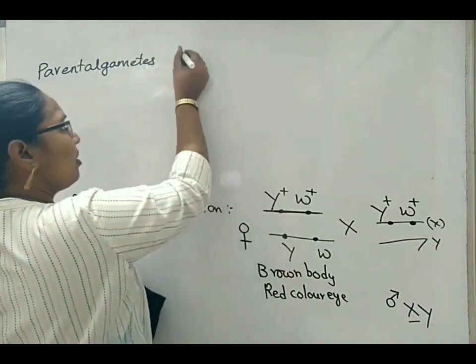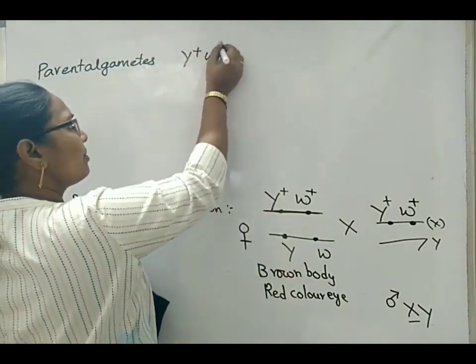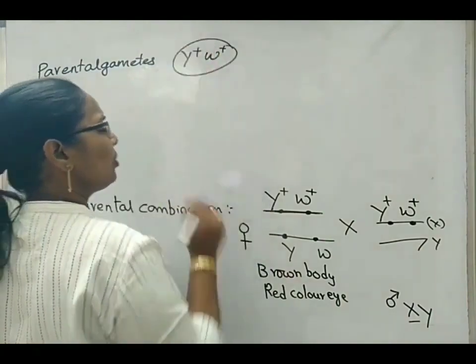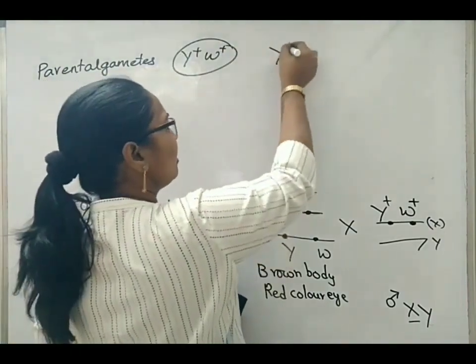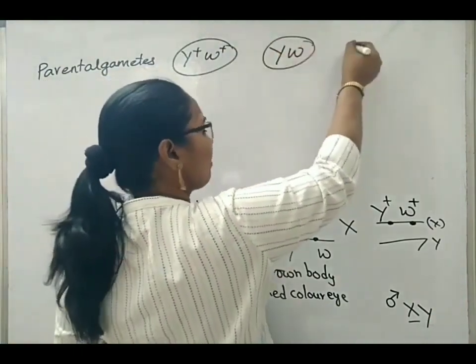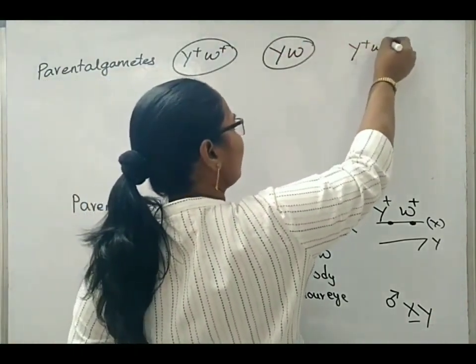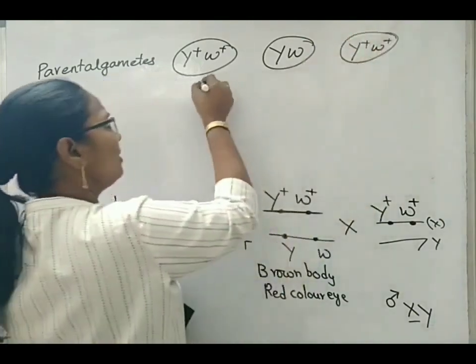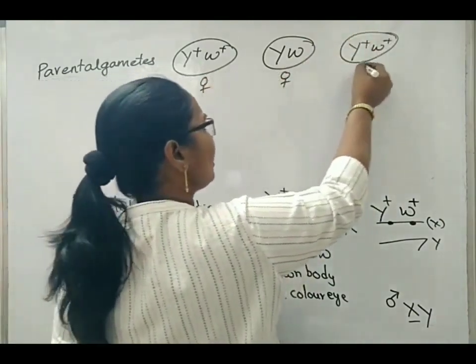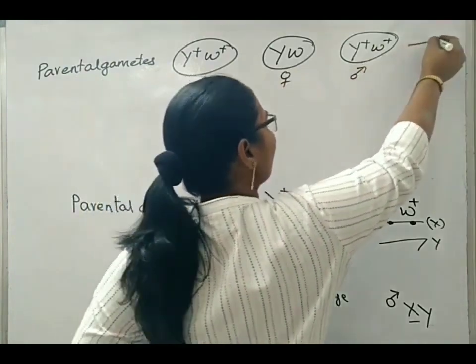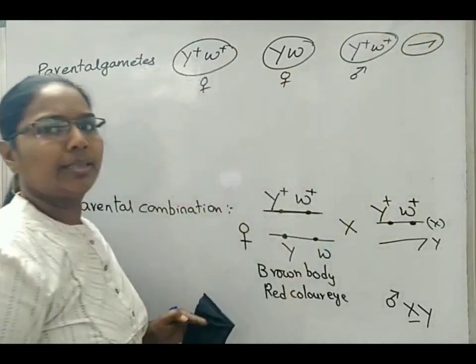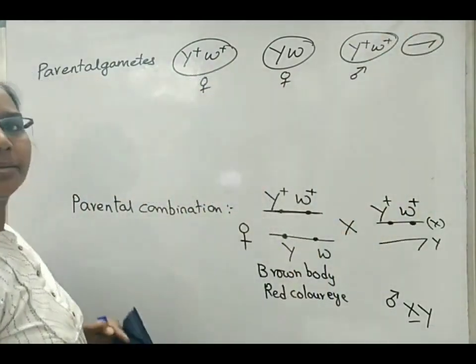We will get the combinations as: this is one gamete with two different characters, another gamete of male, this is of female, this is of female X, this is of male X, and also another gamete with no allele forms or genes in it.